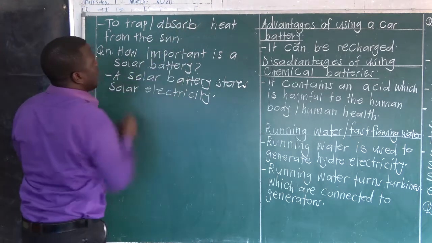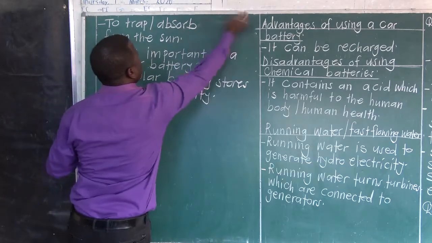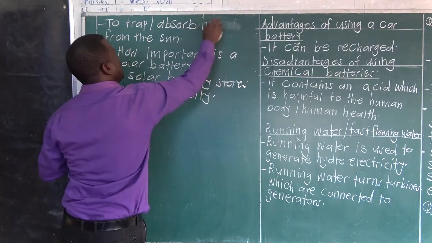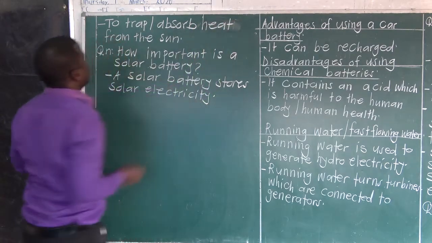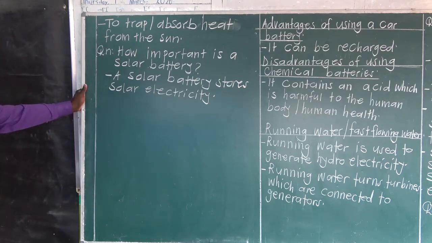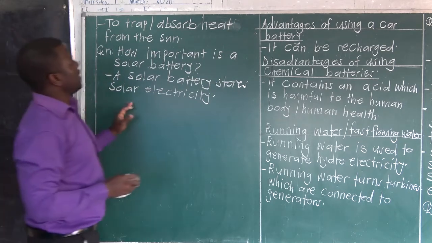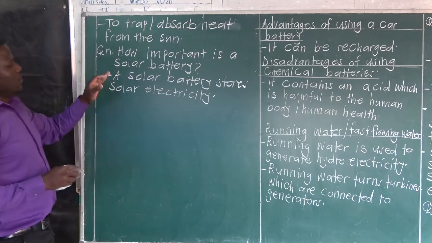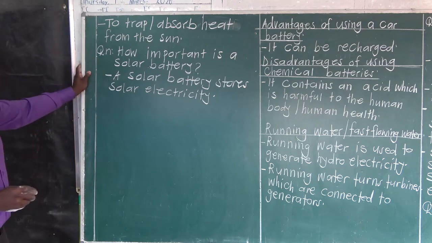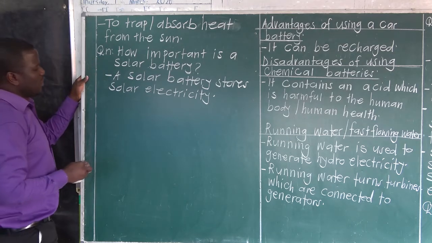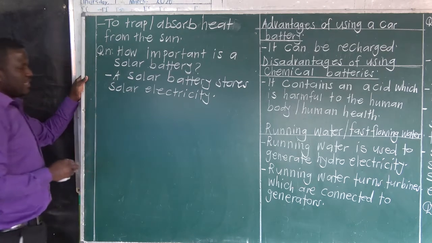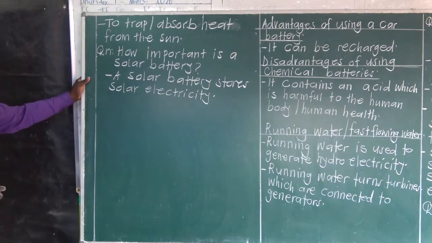Absorb heat from the sun. Now, how important is a solar battery? A solar battery stores solar electricity. That's the importance of a solar battery, is to store solar electricity.